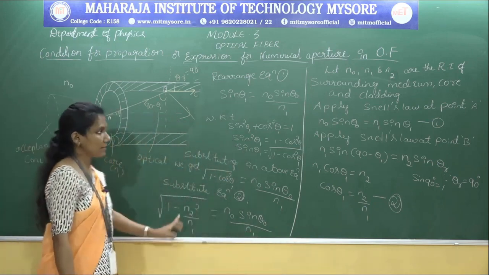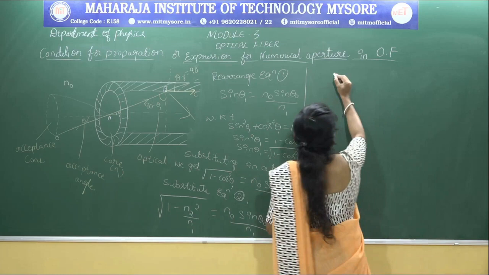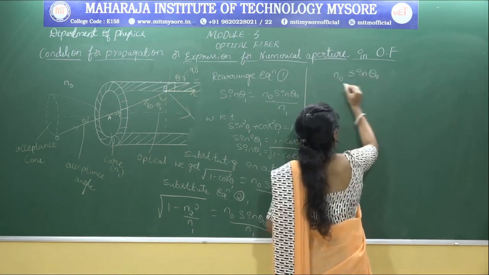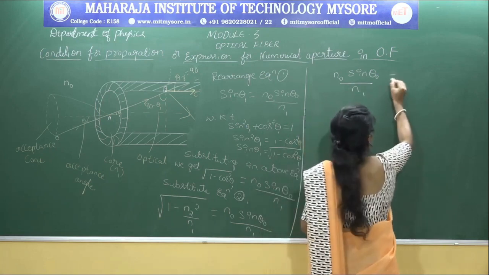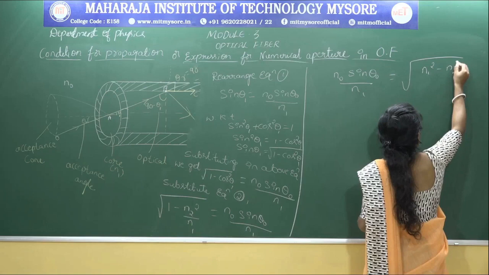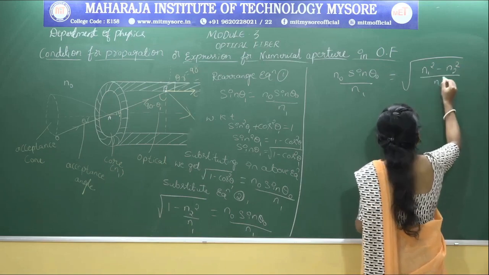If we rearrange this, we write that equation again: root of n1 square minus n2 square divided by n1 square.